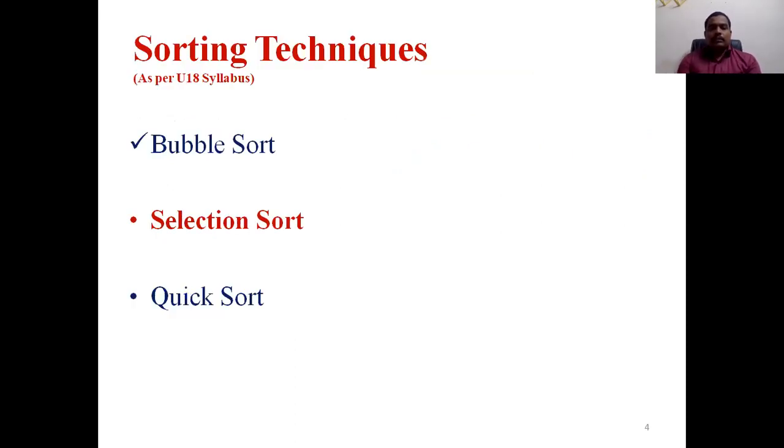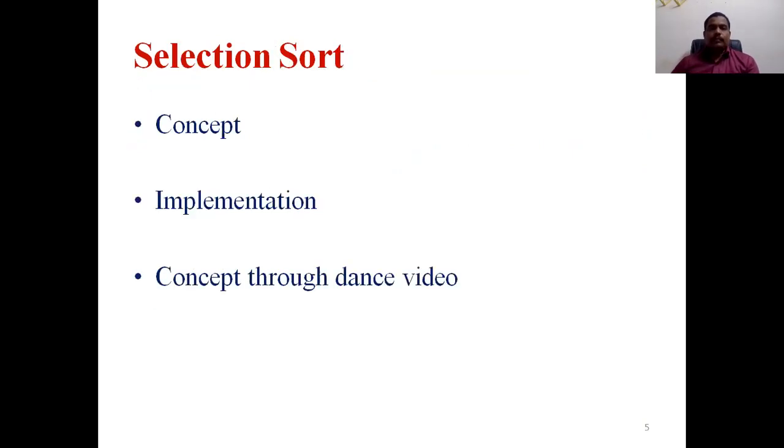As per our syllabus, the second sorting technique is selection sort. We will discuss how selection sort works, how to write the C program, and how it is performed in a practical way through a dance video. I shared the link. Finally, we will discuss complexity, and I posted some questions for your reference.